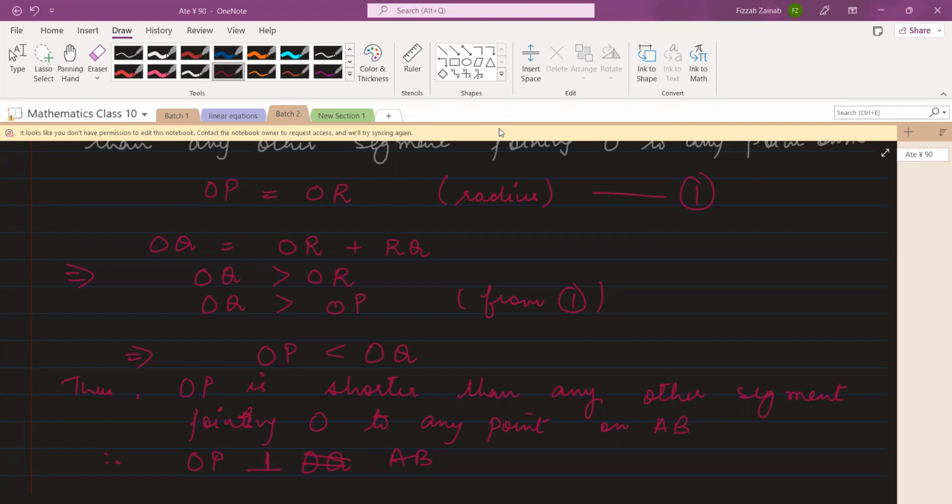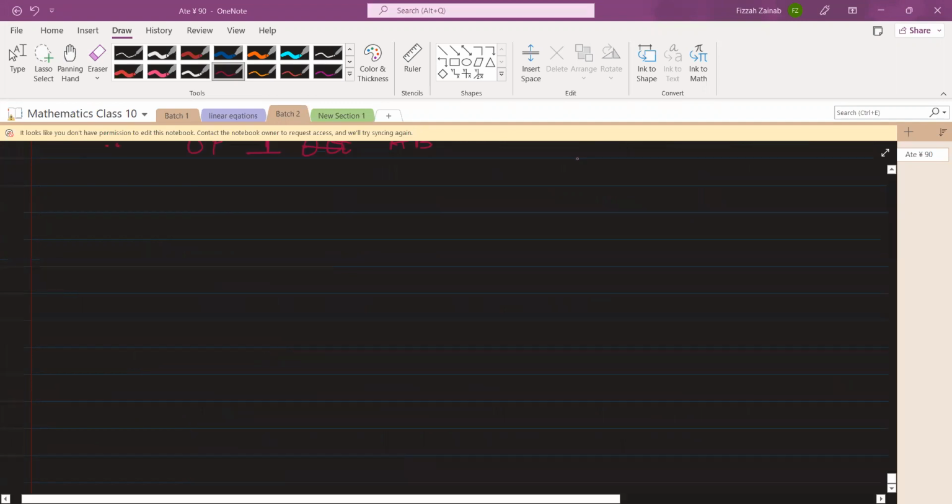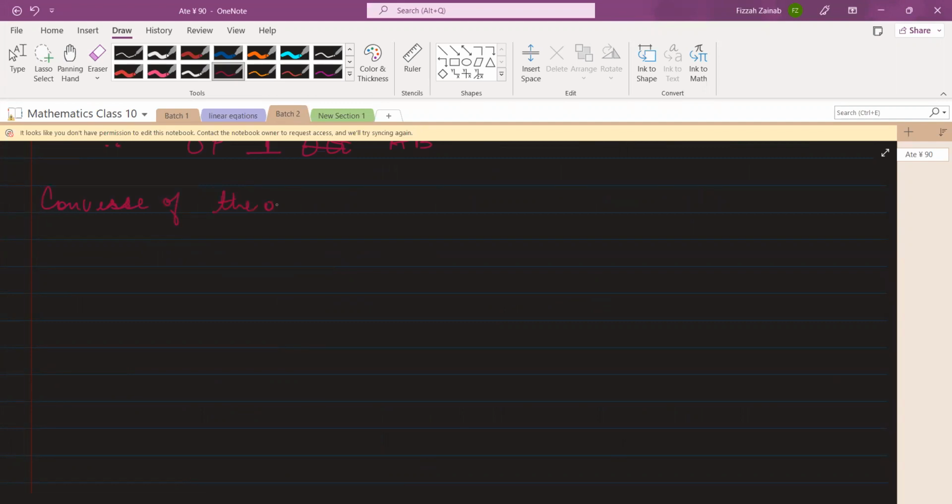Okay, fine. Now, please write the converse of this theorem also. Converse of theorem 1. In the converse, what will be given? It is already given that the angle is 90 degrees and you have to show that it is a tangent.